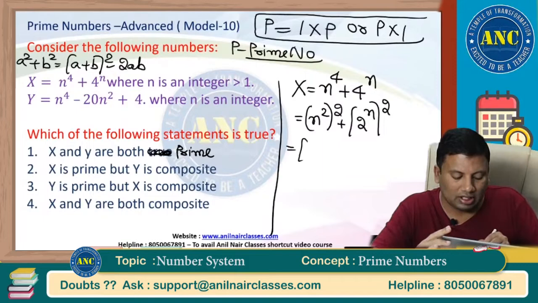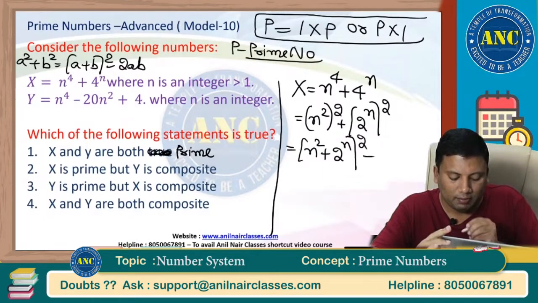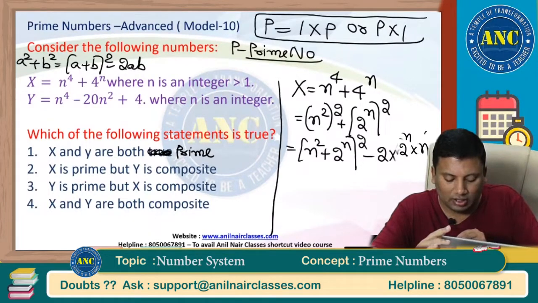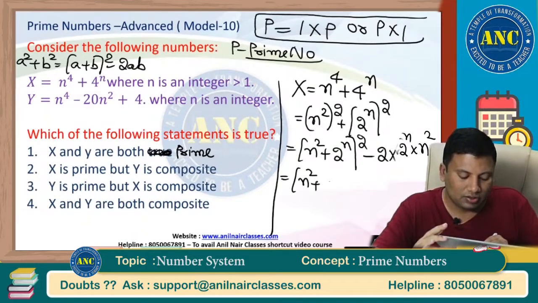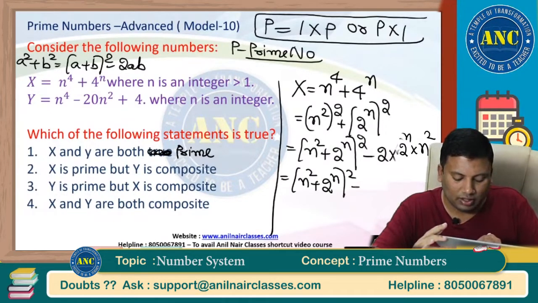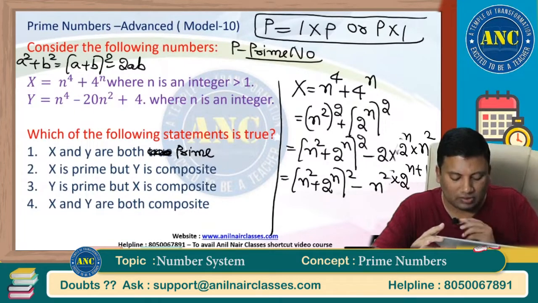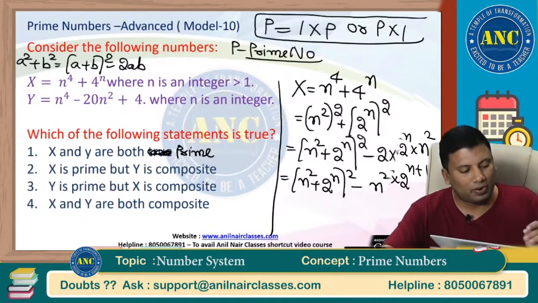So this is n square plus 2 power n whole square minus 2ab, 2 into 2 power n into n square. This is n square plus 2 power n whole square minus n square into 2 power n plus 1.